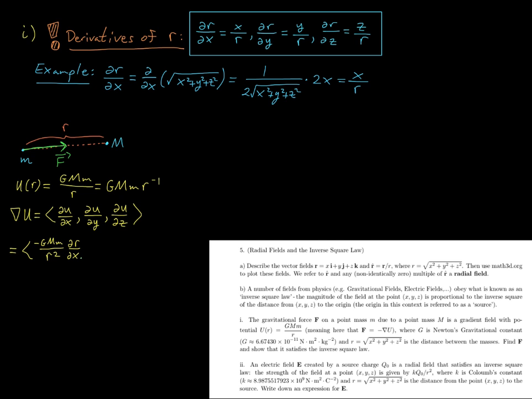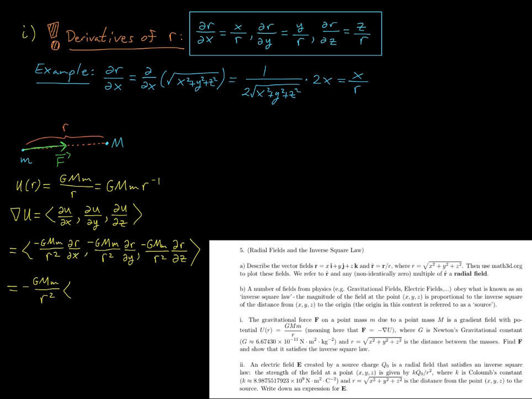Then the chain rule says multiply that by the derivative of what's inside, which is just r, with respect to x. Now we can do the exact same thing for the y and z derivatives, and they look very similar. So this is going to give us the partial of r with respect to y, with minus GMm over r squared, and then the partial of r with respect to z. Now just punch in these expressions for the x, y, and z derivatives of r, and factor out that minus GMm over r squared.